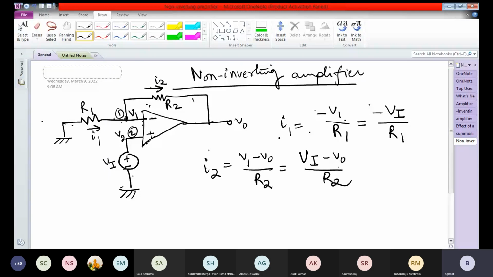Then we just apply I1 equal to I2, and we can get V0 by Vi, as simple as that.